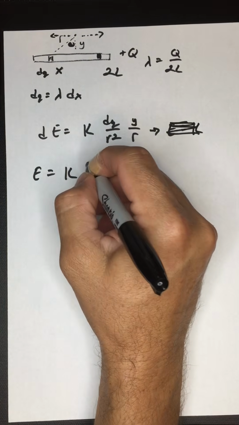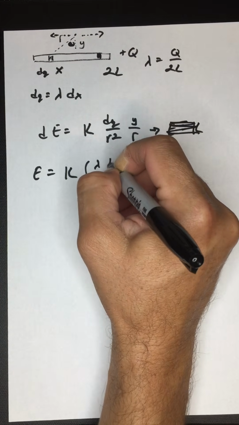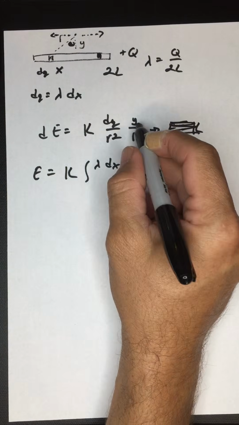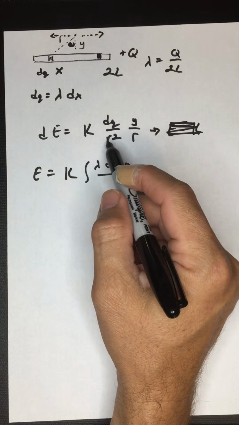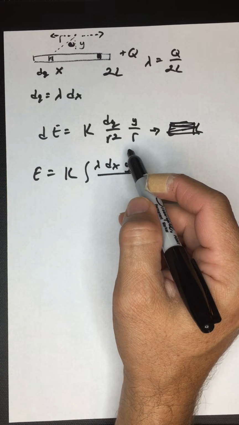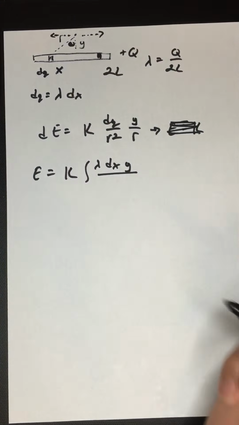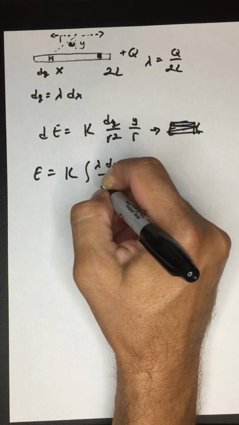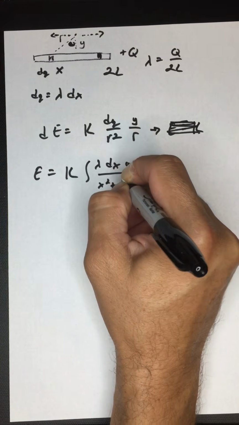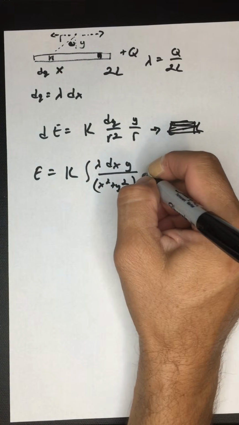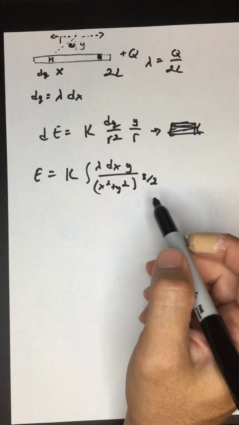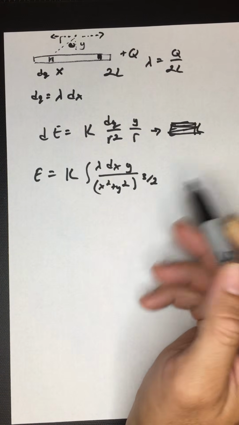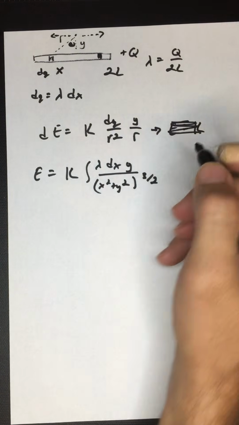Instead of writing dq, I'm going to write lambda dx, and then I have a y. And then instead of writing r cubed, I'm going to write what r is, which is the square root of x squared plus y squared. And then when I cube that, I get to the 3/2 power. And that's my expression.